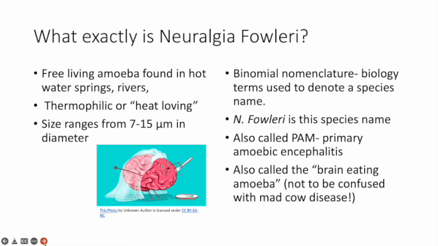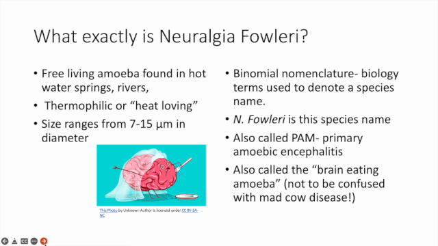Naegleria fowleri is a free-living amoeba found in hot springs, water, and rivers. It is thermophilic, which means that it is heat-loving, and it's extremely small in size, about 7 to 15 micrometers in diameter. The binomial nomenclature, which is just a biology term used to denote a species, is N. fowleri, and that's how I'm going to continue to refer to it beyond this point.